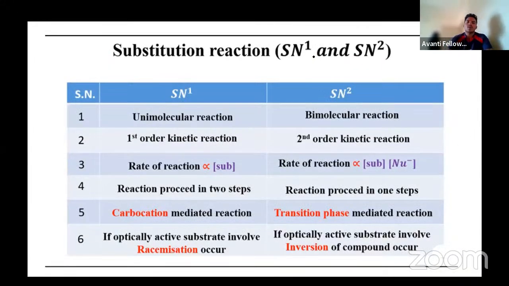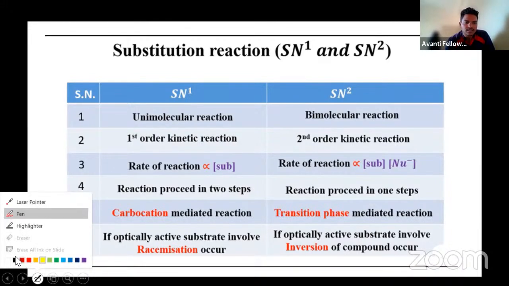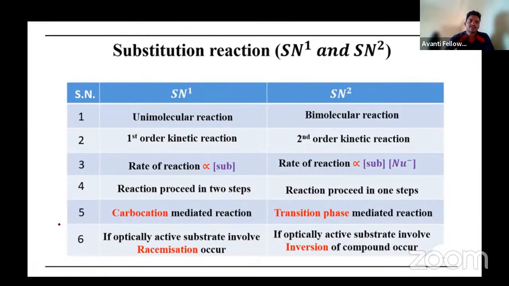So this is the overall conclusion of the SN1 and SN2 reactions. Even though in the last video we discussed some points, I still want to give you this. In SN1, a racemic mixture is possible, whereas in SN2 an inversion product is possible.